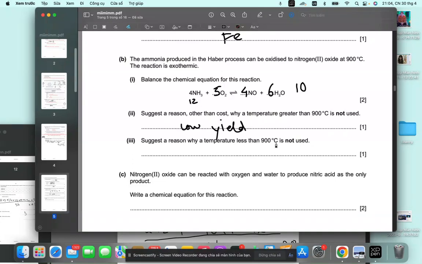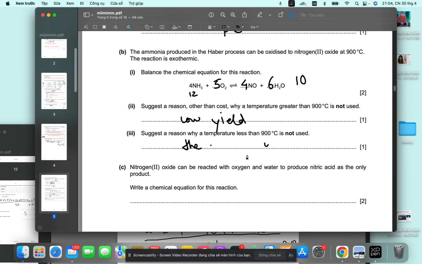The temperature is not used because the catalyst would not work. The catalyst for this would not be able to work. Or the temperature less than 600 degrees is not used. I believe it is the oxidized nitrogen oxide at 900 degrees.